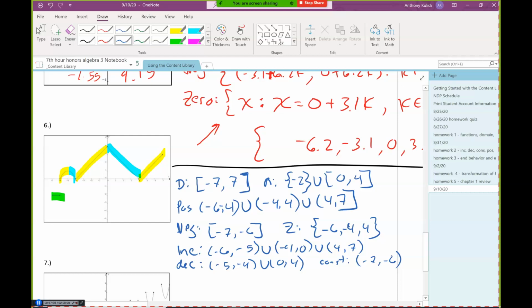Edmund? So for the positive part, why can we go straight from -4 to 4? If we're doing that, why can't we connect that right side as well? Sure. So if I look, positive is above the x-axis. All of that is above the x-axis, right? The whole stretch, so that can all go together into one interval.